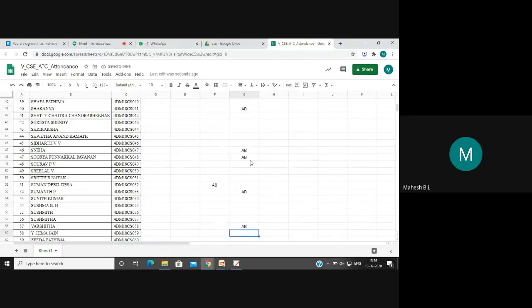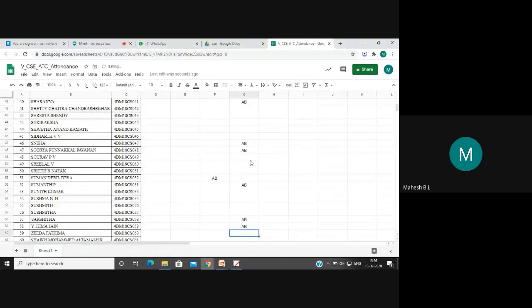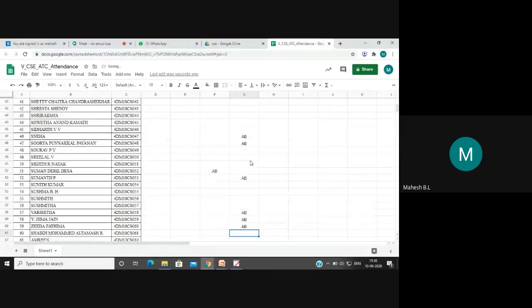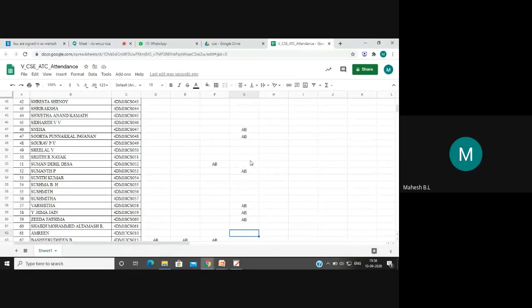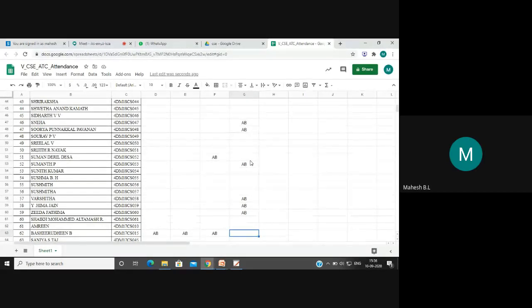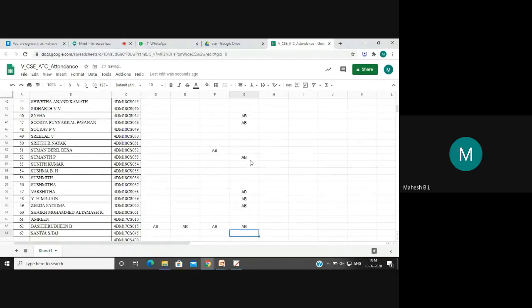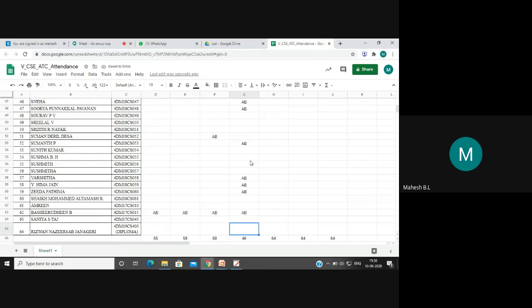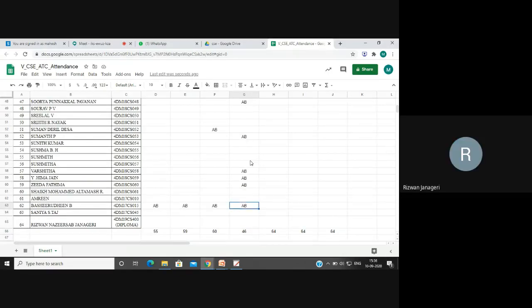Zida. Altamash, present, sir. Amrin, present, sir. Sania, present, sir. Rizwan, present, sir.